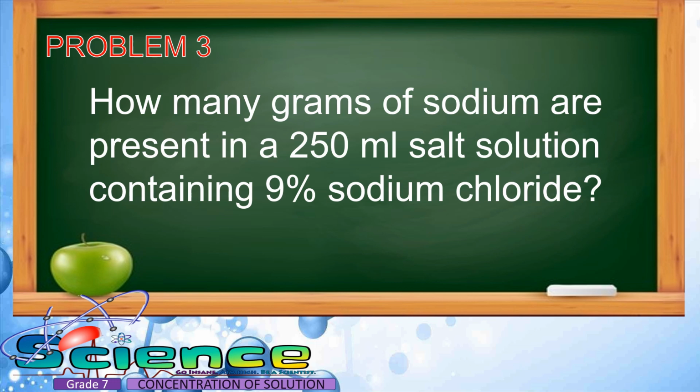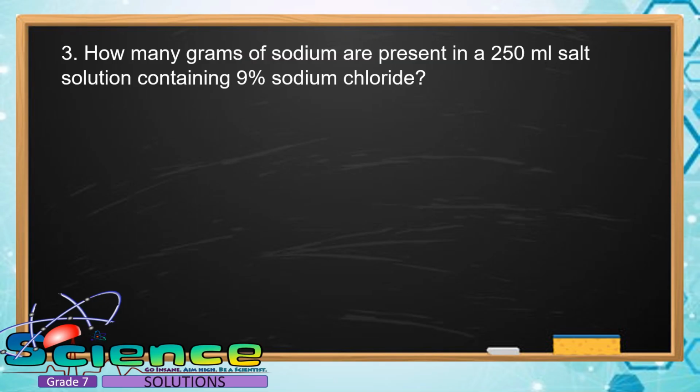Problem number 3. How many grams of sodium chloride are present in 250 ml salt solution containing 9% sodium chloride? Again, before we try to solve the problem, we must first identify what are given, what is being asked or required, and what formula we are going to use.